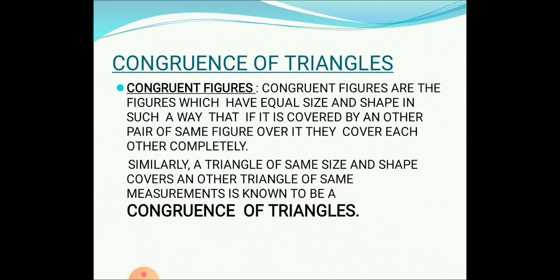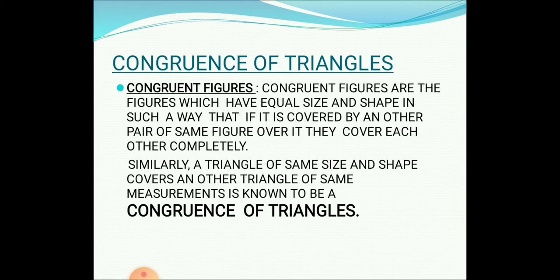First of all, I want to define what are congruent figures. Congruent figures are the figures which have equal size and shape, in such a way that if one is covered by another copy of the same figure over it, they cover each other completely. For example, draw two circles of the same radius and place one on the other.